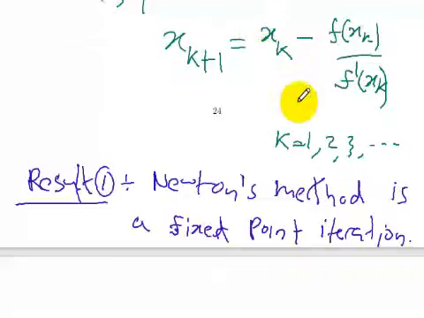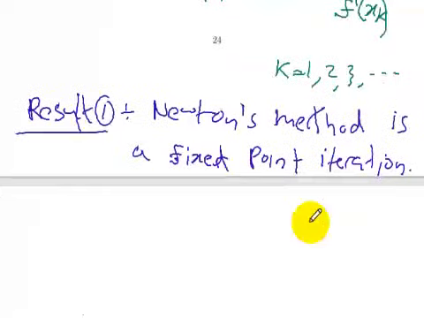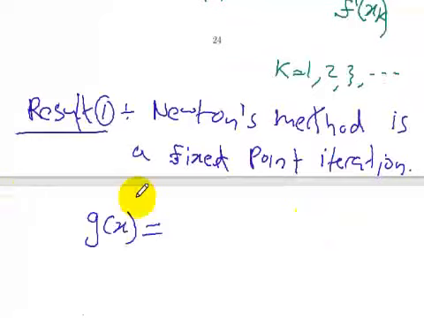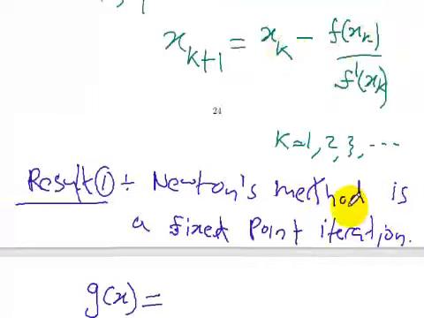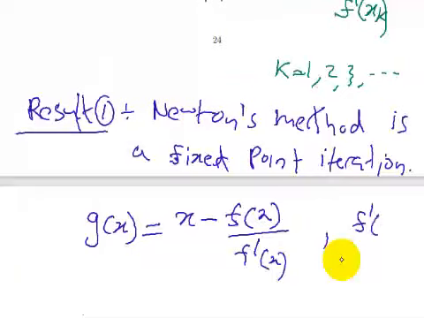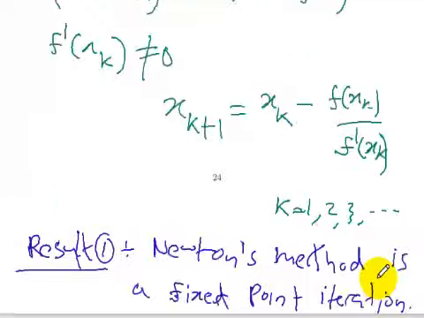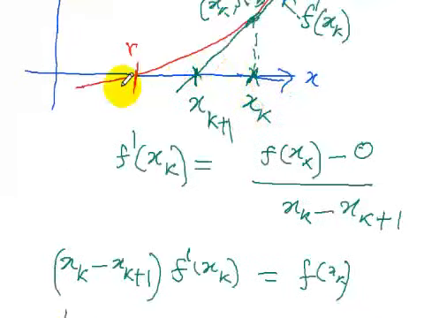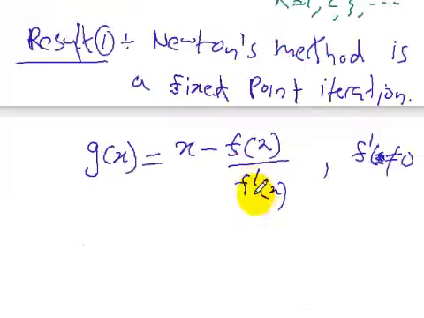Suppose this is your g of x. Let's pick the function g as x minus f of x divided by f prime of x, and assume that f prime is not equal to 0 over a neighborhood, on some interval.